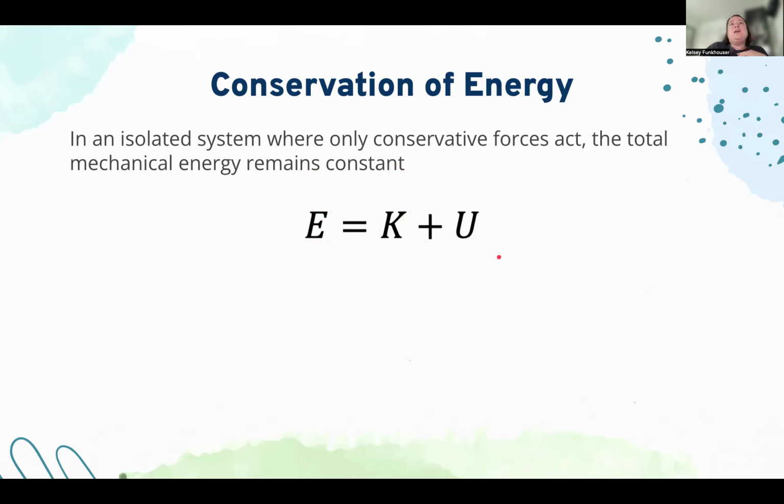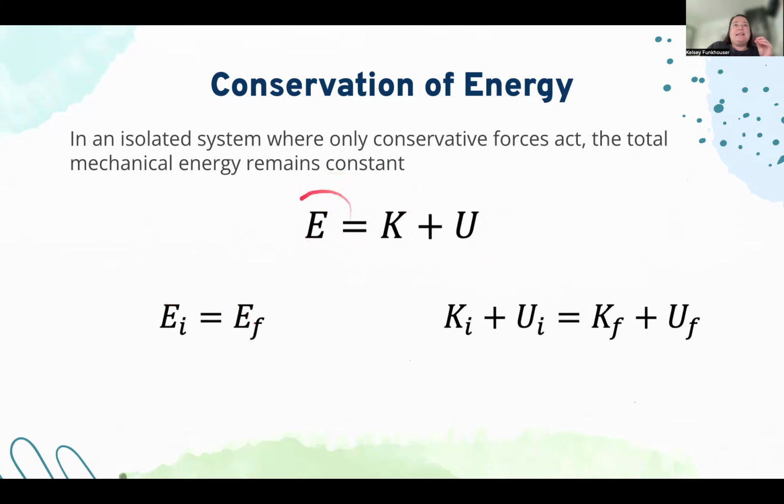Okay, so this is saying in an isolated system with only conservative forces acting, the total mechanical energy remains constant. So this E is equal, the initial energy is equal to the final energy.